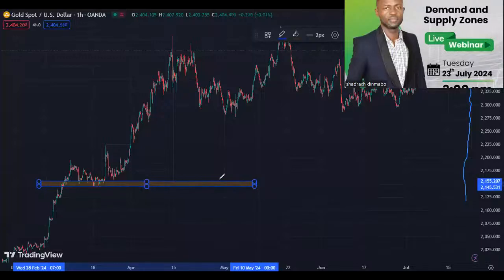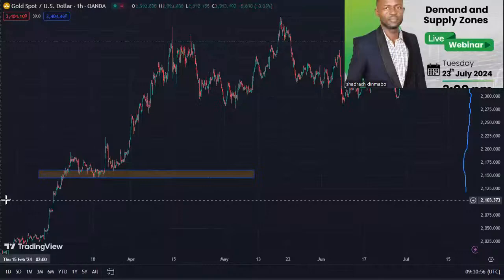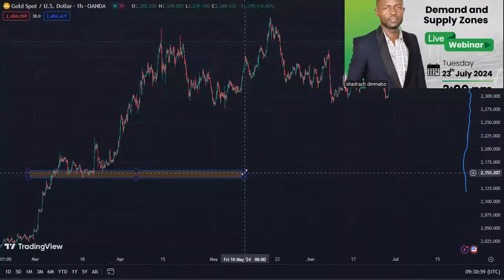So far as the market has not come below this zone, it is still a valid demand zone. We can capture all of this as a valid demand zone.